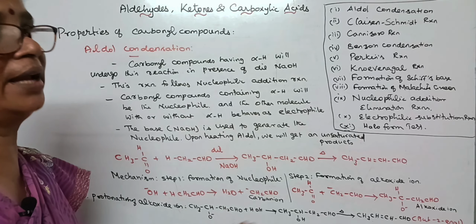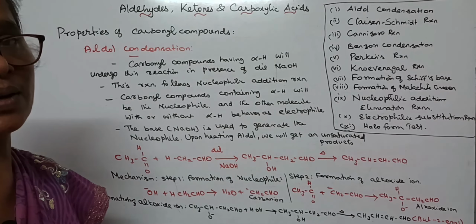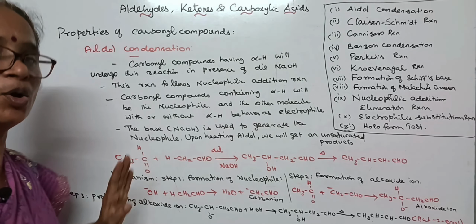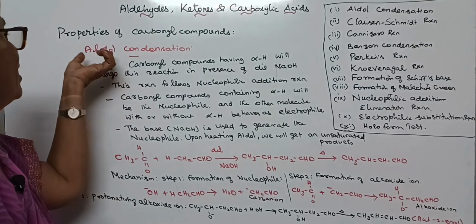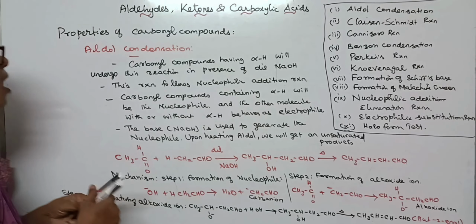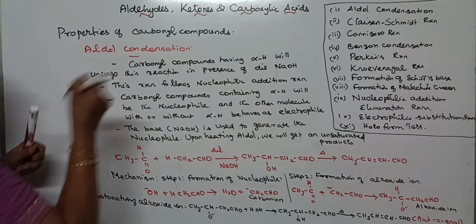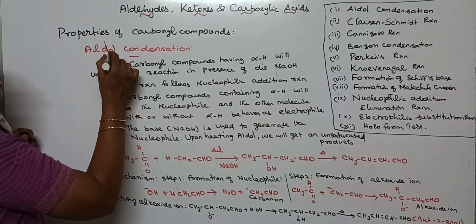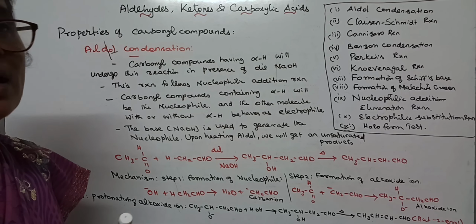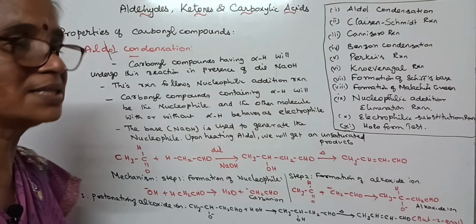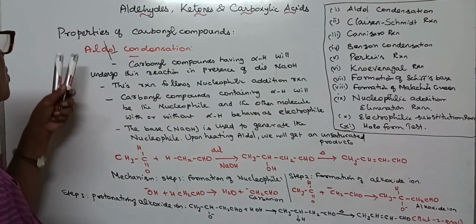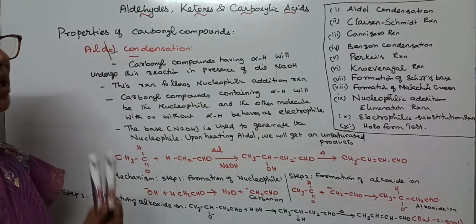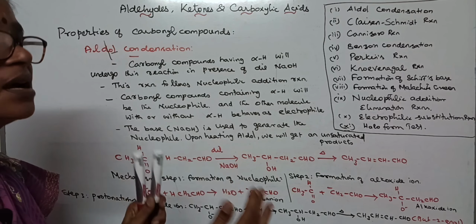We will get the alkoxide ion. This alkoxide ion, followed by protonation, gives aldol. So what do we mean by aldol? See, ald is the part of the aldehyde name, and ol is the part of alcohol. That means the product possesses 2 functional groups, one is aldehyde, the other is alcohol. So that is called aldol.